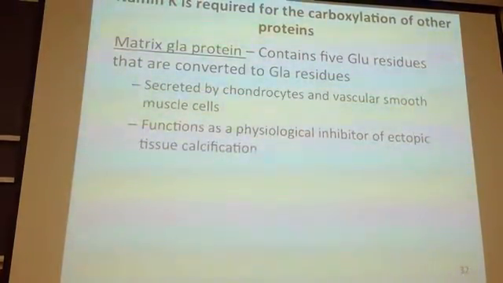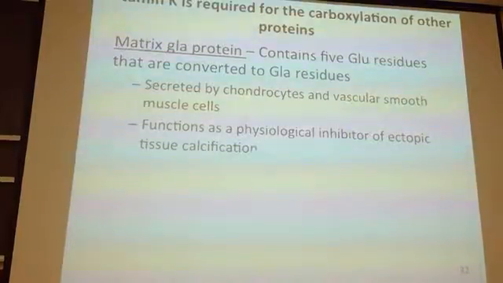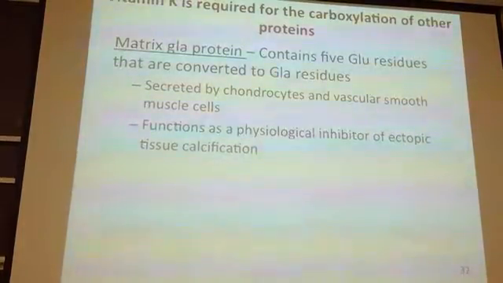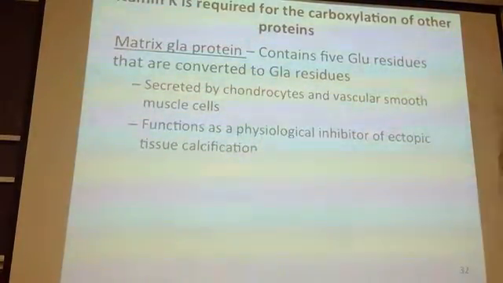So one of the universal connections between these carboxylated proteins in all cases is that they have some connection with calcium, right? In coagulation, we require calcium for recruitment to these negatively charged surfaces. In the osteocalcin example, it requires calcium for recruitment to bone mineral.